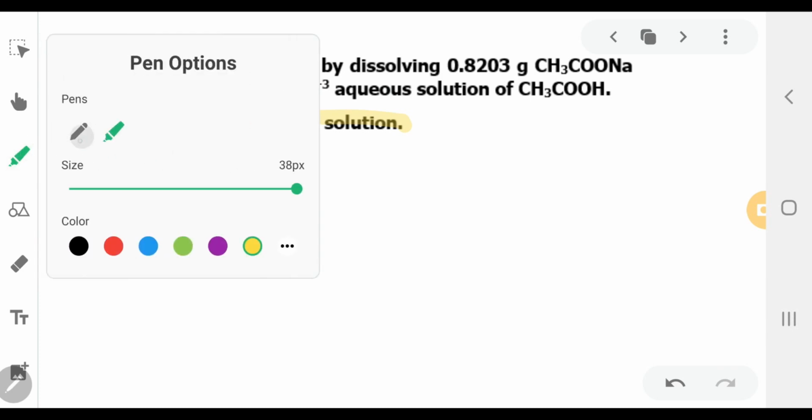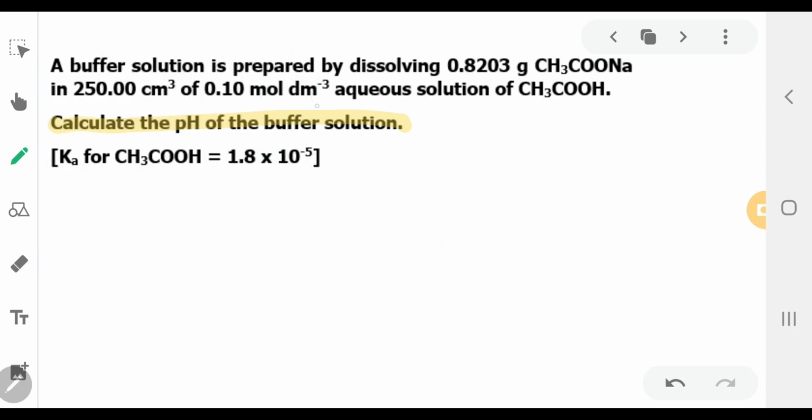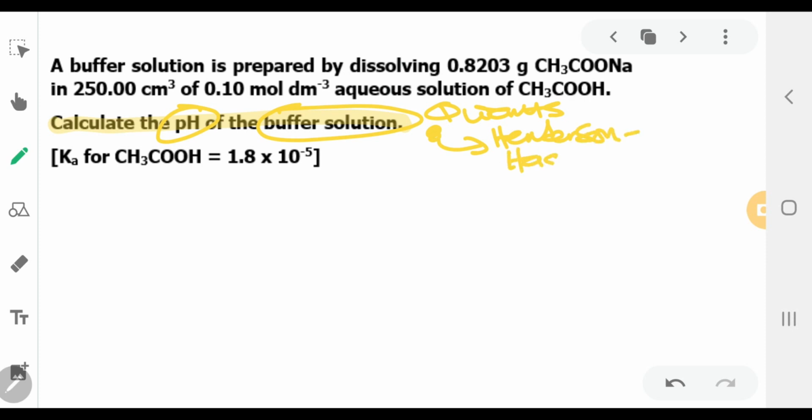Therefore, every single time you see the pH of a buffer solution, automatically you should recall the Henderson-Hasselbalch equation. So to get the pH, we have to use the Henderson-Hasselbalch equation.